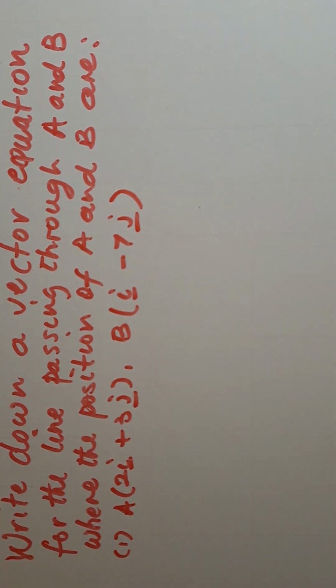Now, for the vector equation of a line passing through A and B, there are two forms, or two ways you can view this, which results in four different forms. If you look at my previous video, you'd see details about that.